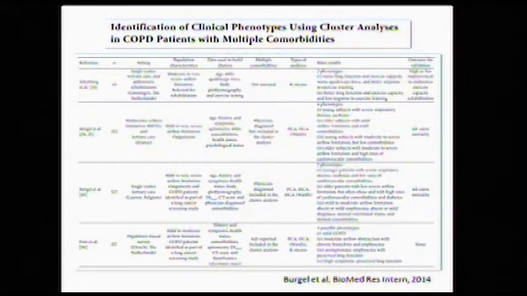Because I'm running a little bit short of time, I won't go into great detail on that. But we recently wrote a review about all the studies that have used cluster analysis in COPD patients with multiple comorbidities to try to identify phenotypes. And if you go really deep into the studies, each study has major flaws related to the kind of population sampled and to the kind of analysis used.